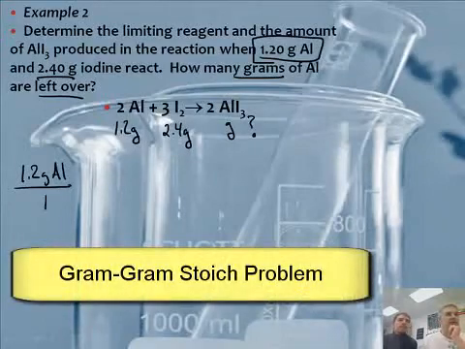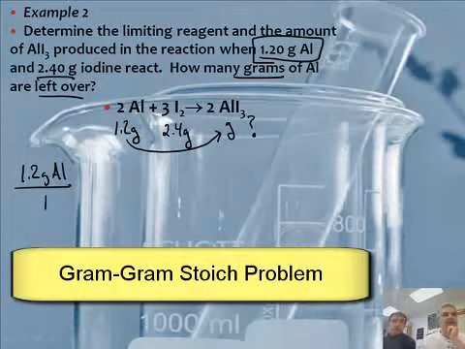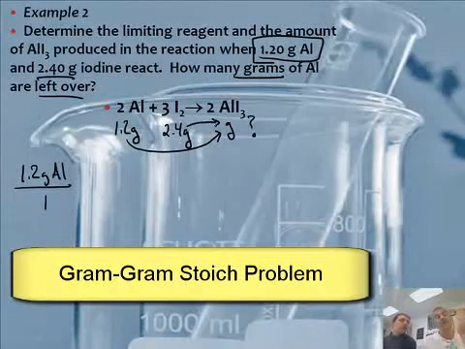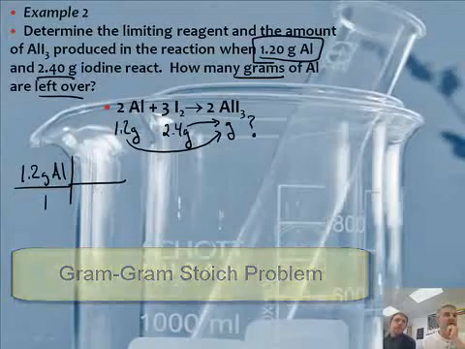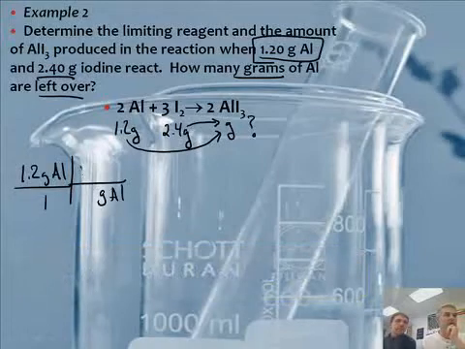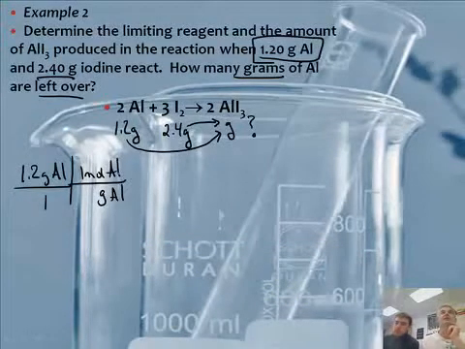1.2 grams of Al over 1. So again, I'm going to convert grams of Al to grams of AlI3, and then grams of I2 to grams of AlI3, lowest one wins. So this will be grams of Al to 1 mole of Al. Looking at the periodic table, it's like 27. Is it 27.0? It is 26.9 something. 27.0 is close. 27 works for me.